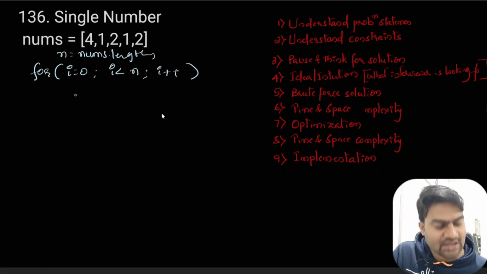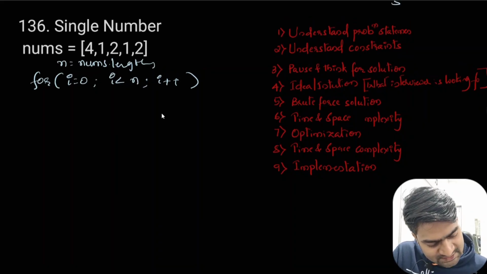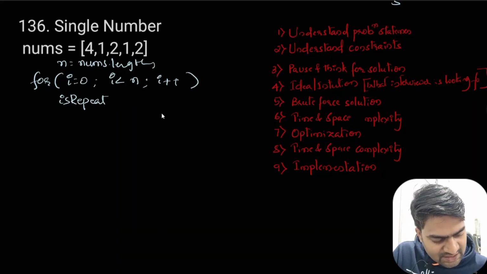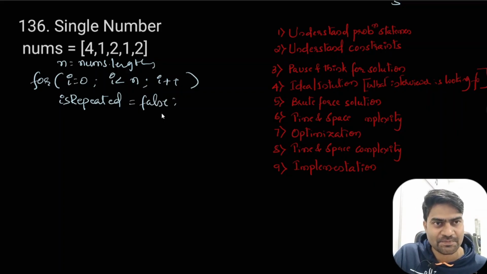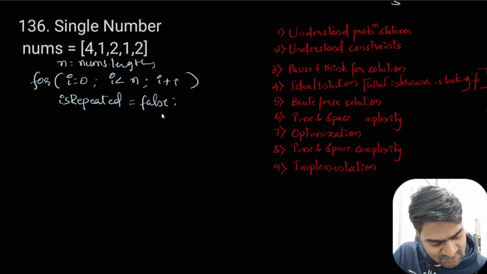Then I will have to take one more for loop so that I can scan the remaining elements. Before that, I will take a flag called repeated, and I will set it to false initially. We will see how we will use that.